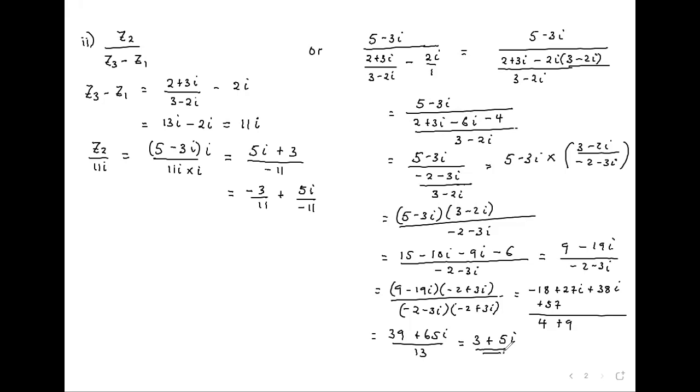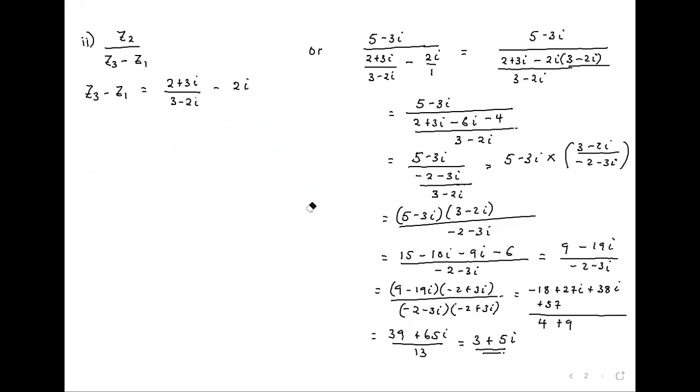Let's do the first one, so that we see where the error is. Here we said Z3 minus Z1. Okay, Z3 being 2 plus 3i over 3 minus 2i, then minus Z1.